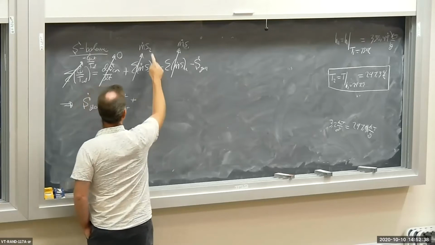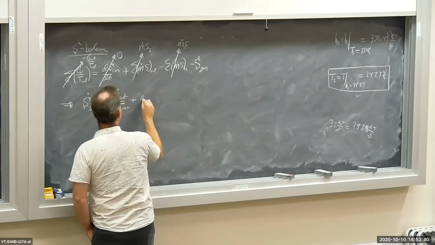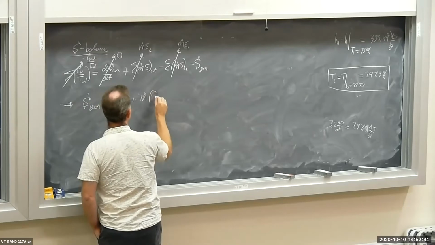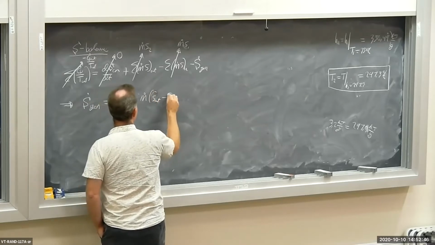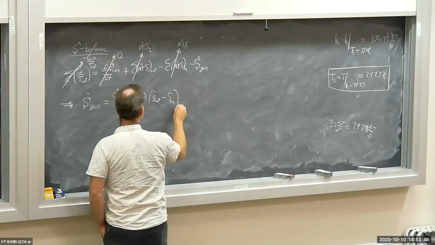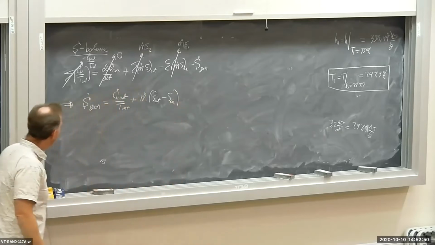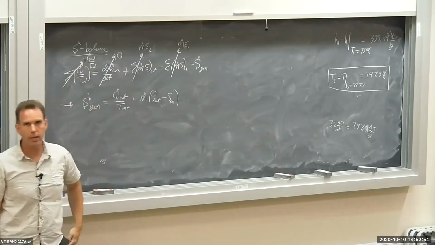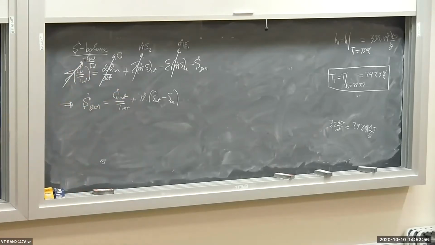Now I'm going to group together these terms that involve an m dot, so I'll have m dot times S out minus S in. The negative sign went away on the Q dot term because I put it on the right-hand side of the equation and it became positive.